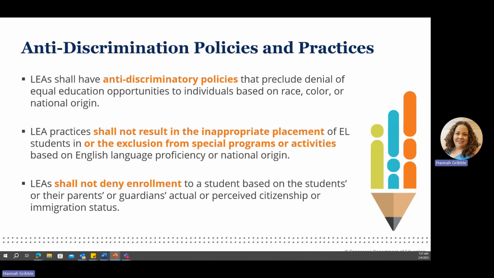This statement covers the appropriate placement of EL students in grade levels according to age. It also includes not placing EL students in special education programs based on English language proficiency, as well as not excluding ELs from special programs or activities based on English language proficiency.